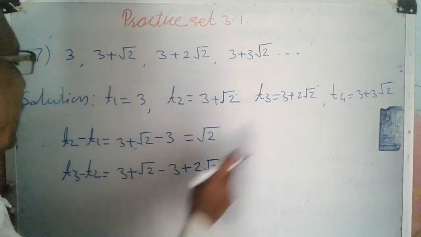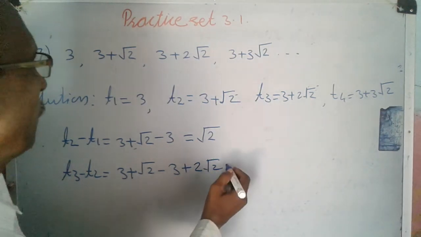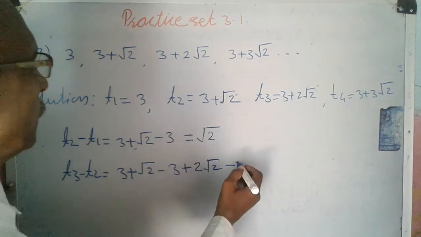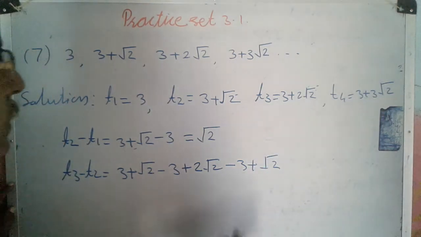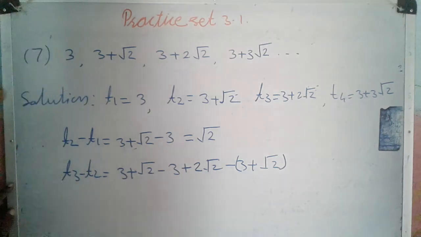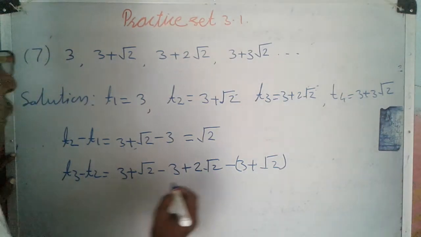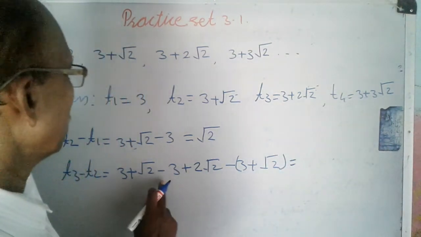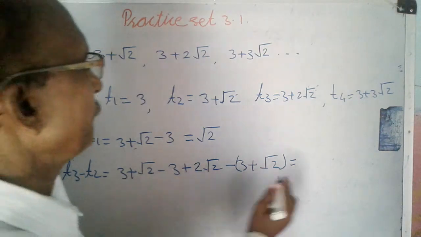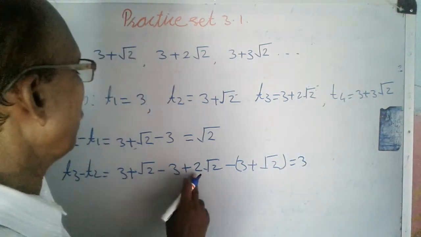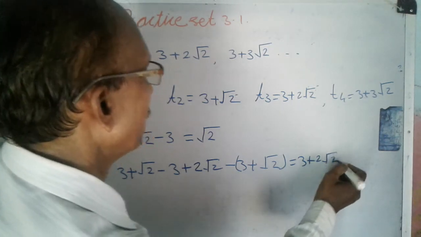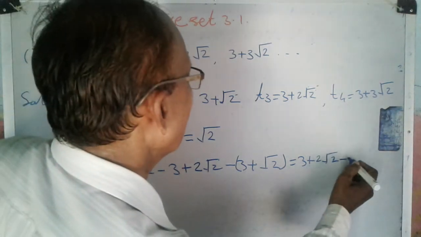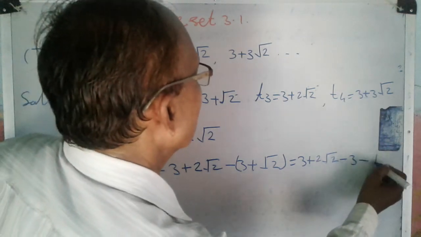Now T3, 3 plus 2 root 2 minus T2, 3 plus root 2. Okay. Now remove this bracket. Here we get 3 plus 2 root 2 minus 3 minus root 2.